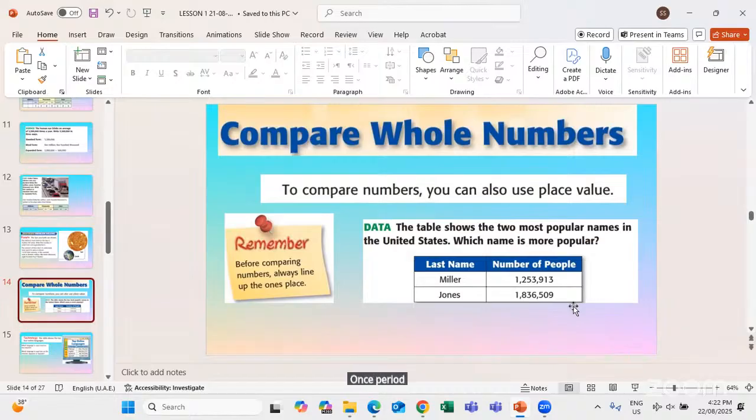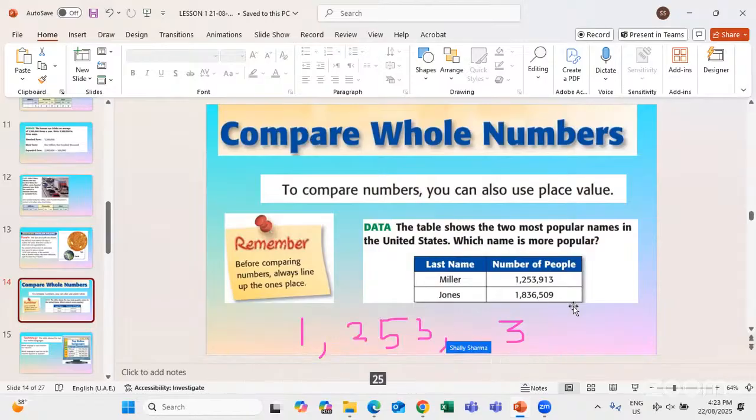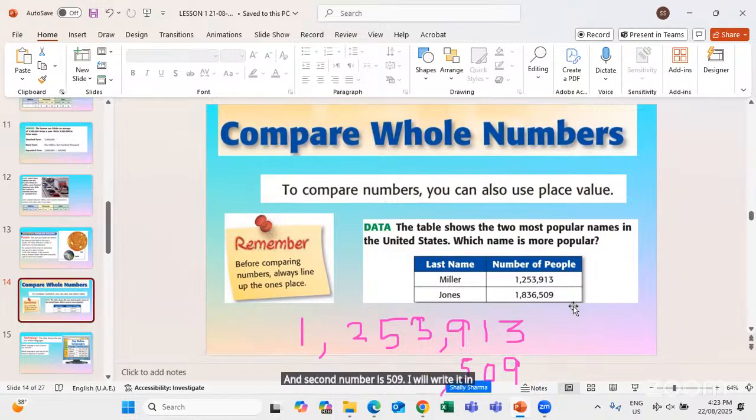So we have the first number. If I read it, it is 1,253,913. And the second number is 509,836. And then we have 1 million again.